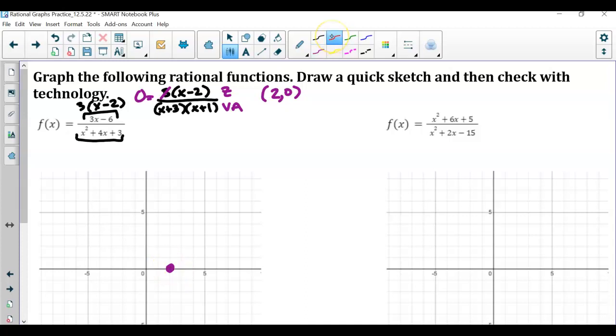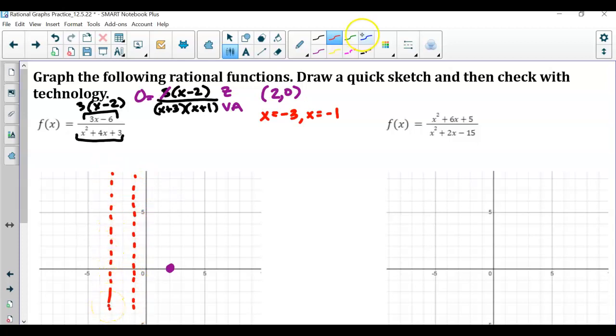Then the vertical asymptotes, well, there's two vertical asymptotes at x is equal to negative 3 and x is equal to negative 1. So we need two vertical asymptotes here at negative 1 and negative 3.